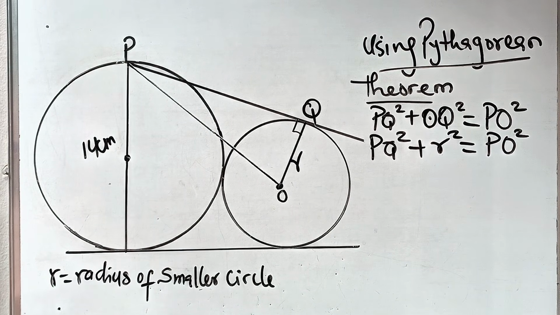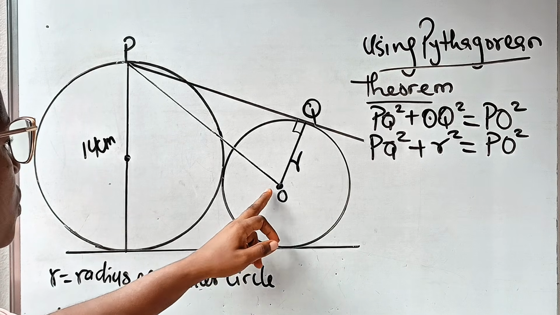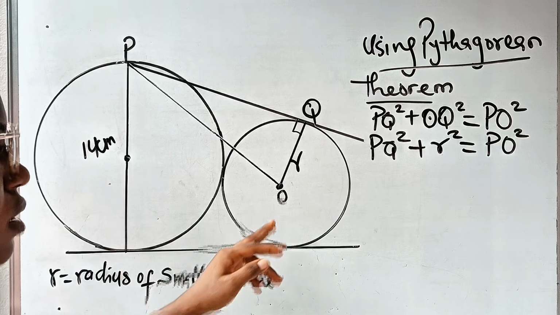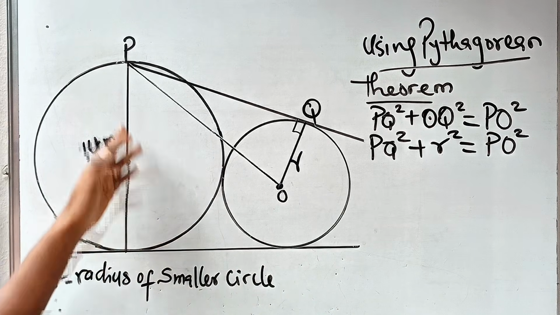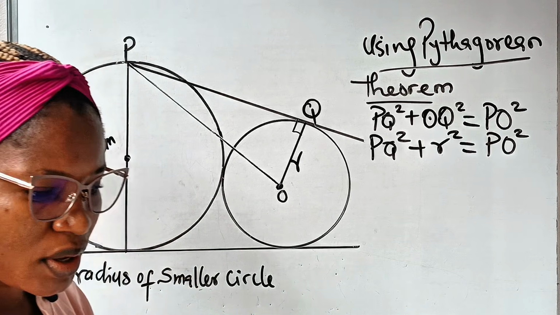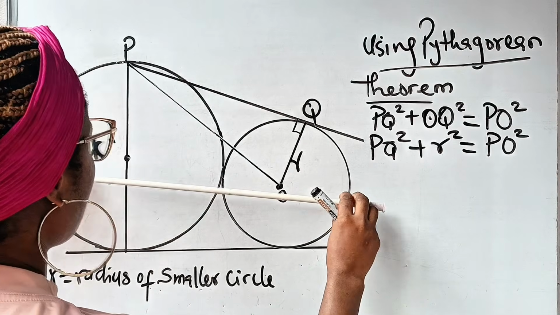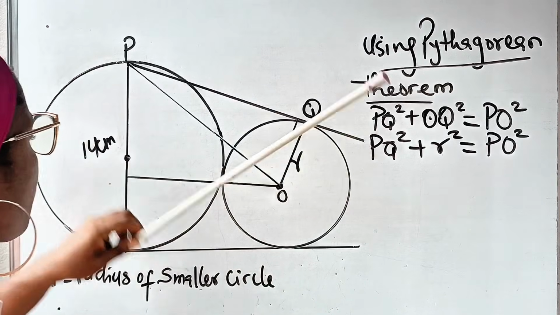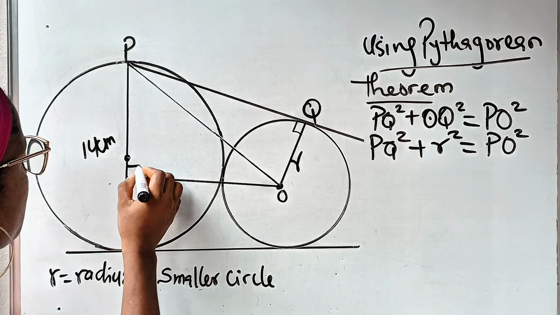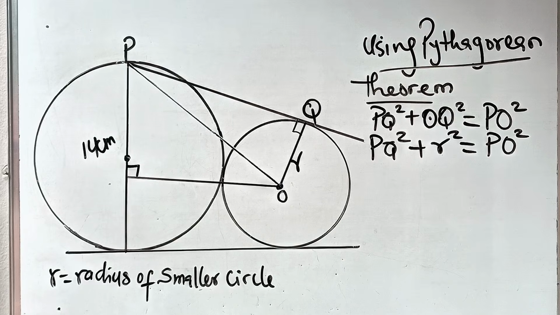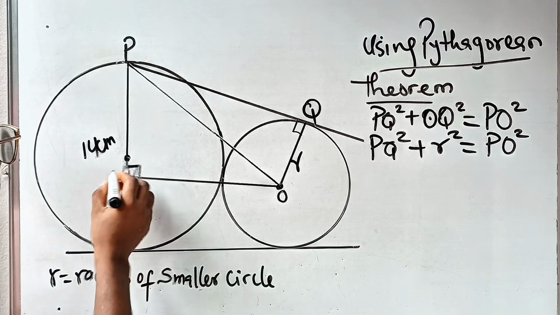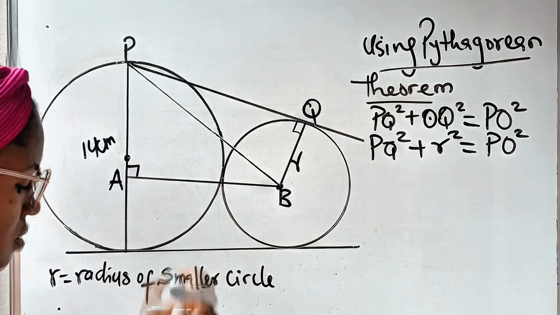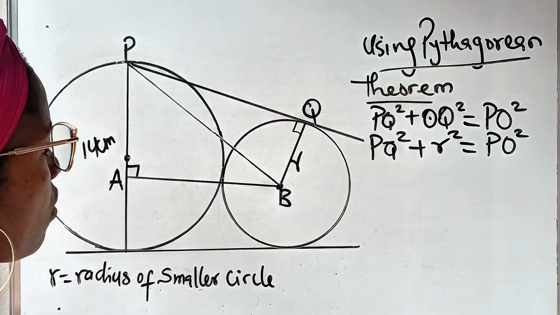Now let us draw a perpendicular from the center O to touch the diameter of the bigger circle. Because it's a perpendicular, this is 90 degrees. Let's call this place A, and let's call this AB.